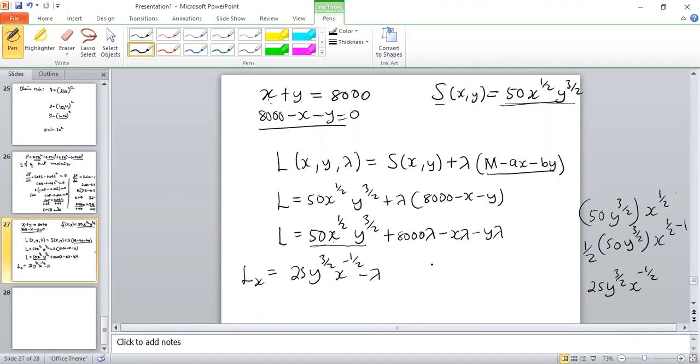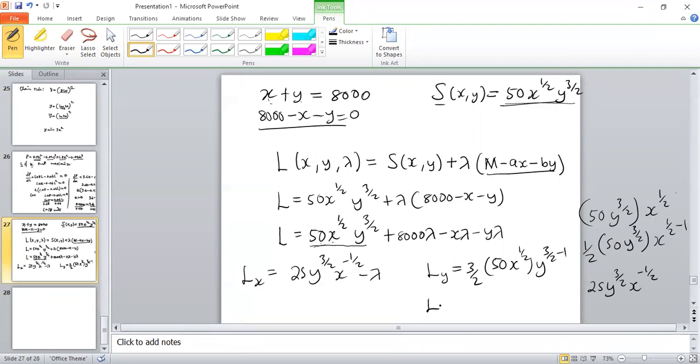Then you go to the next one, differentiating with respect to y. The same thing, 50 and x to the power half are just a constant. When you differentiate y to the power 3 over 2, the 3 over 2 drops, so it is 3 over 2 times 50 x to the power half, then y is to the power 3 over 2 minus 1.